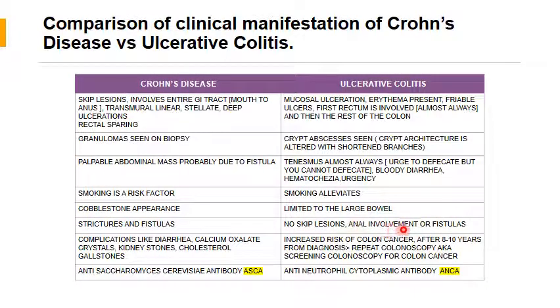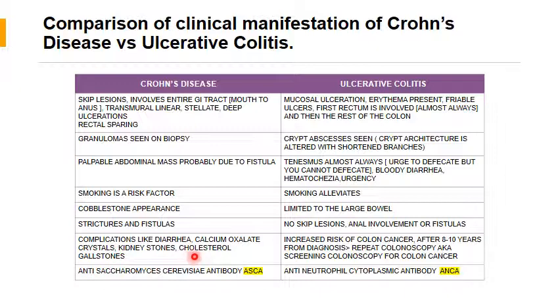Whereas this is limited to the large bowel. Strictures and fistulas are present in Crohn's. In ulcerative colitis there are no skip lesions, no anal involvement and no fistula. The rectum is involved, but the anus is not involved. Here in Crohn's the anus is also involved.